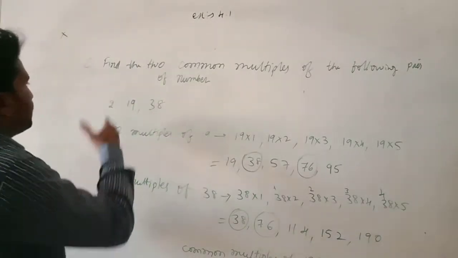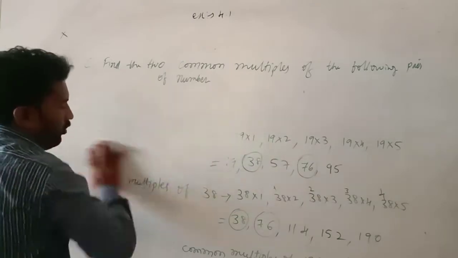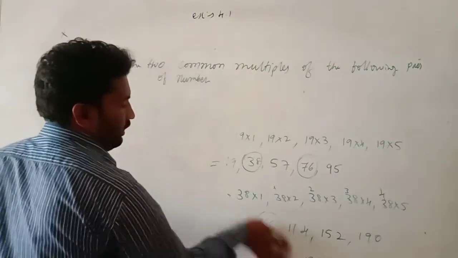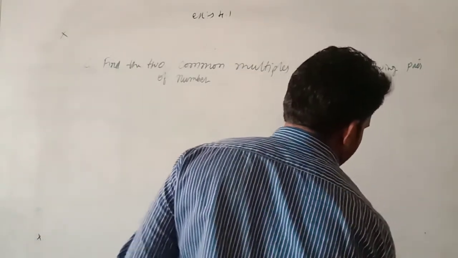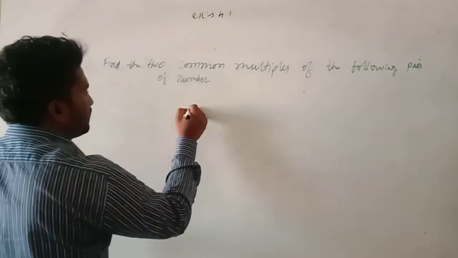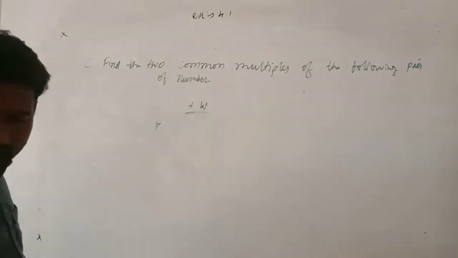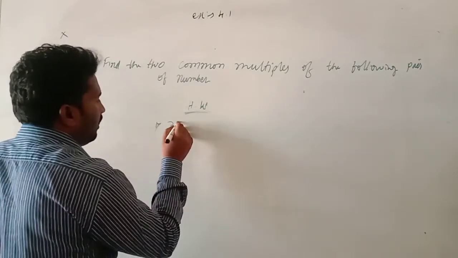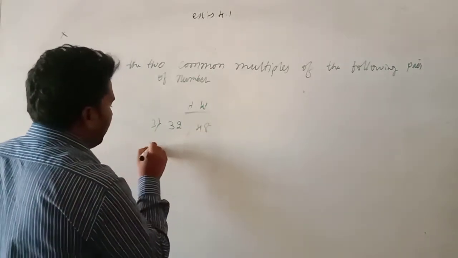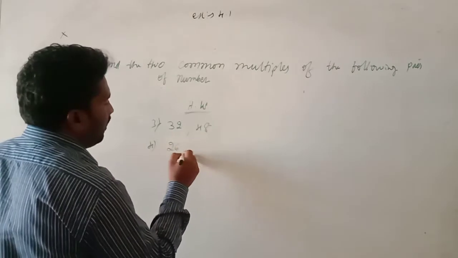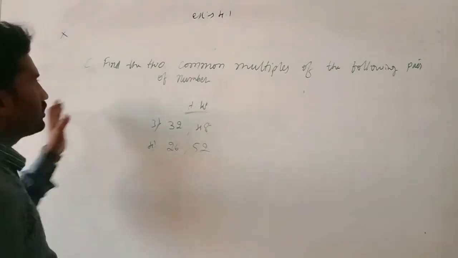In the third question there are another two problems, 32 and 48, and in the fourth, 26 and 52. These two are for homework, on the C question, that is find the common multiples.